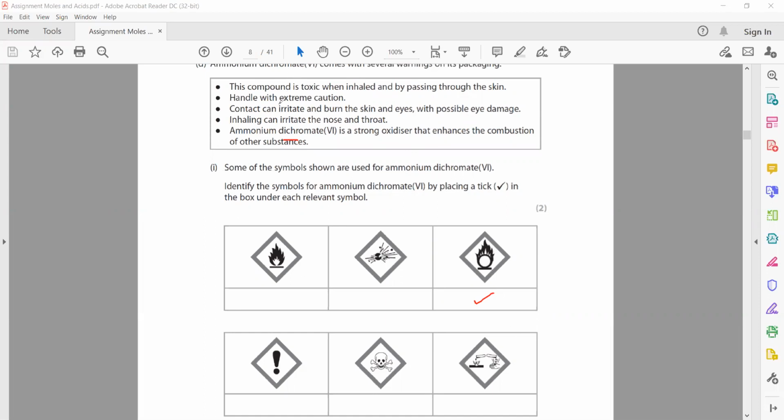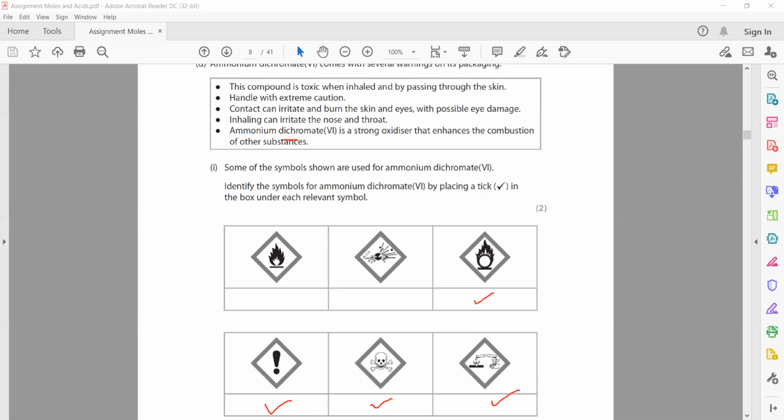Then they mention contact can irritate or burn the skin or eye, so this should be checked as well. Toxic, a toxic chemical, this is the symbol for a toxic substance, and handle with extreme caution, so we should be cautious. So we have to take these.